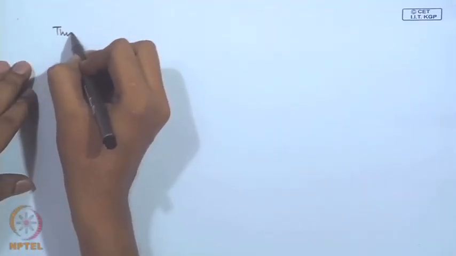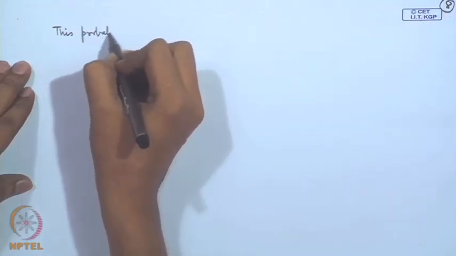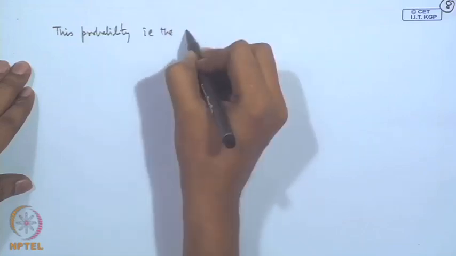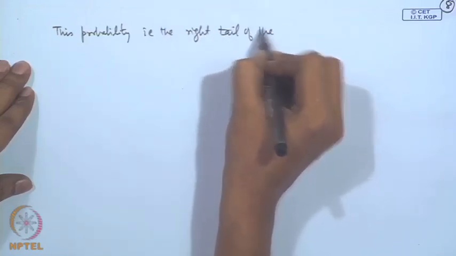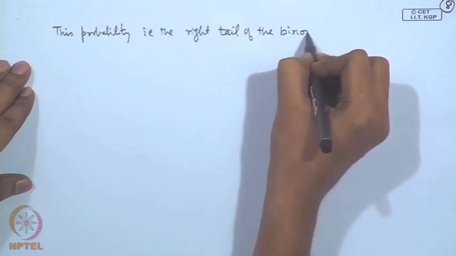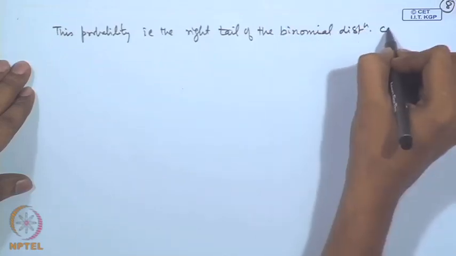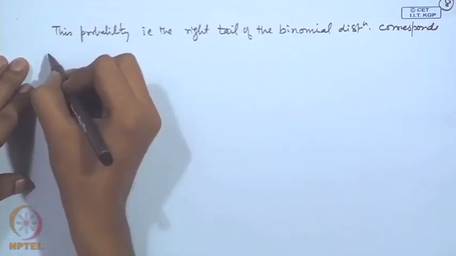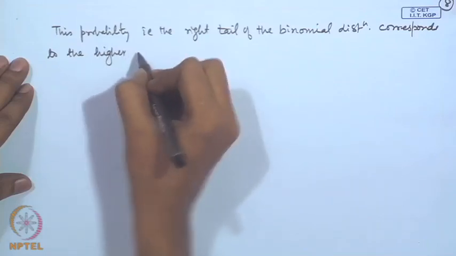So, this probability, that is the right tail of the binomial distribution, corresponds to the higher number of successes.